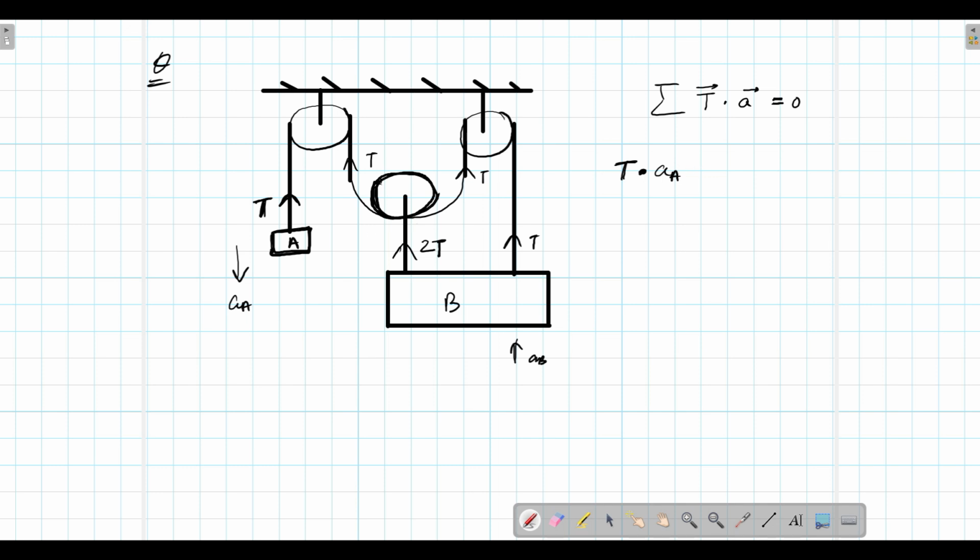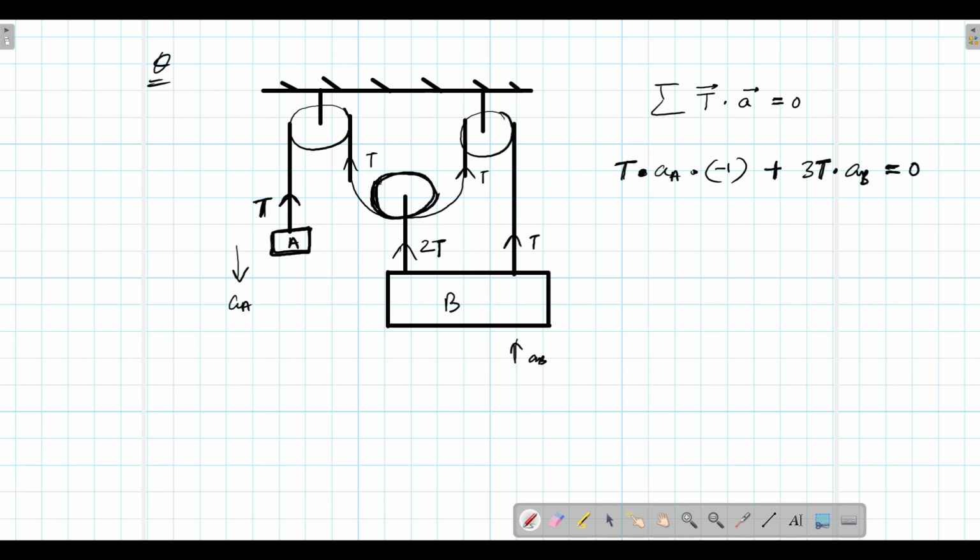T dot A, this is cos 180, minus 1, plus 3T into acceleration of B equals 0.